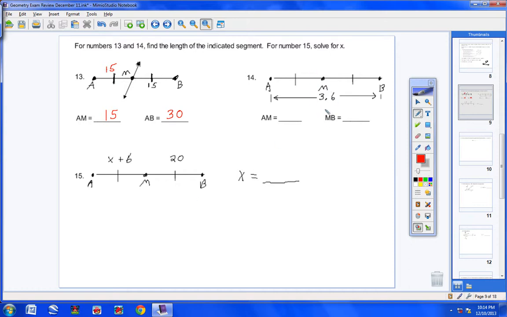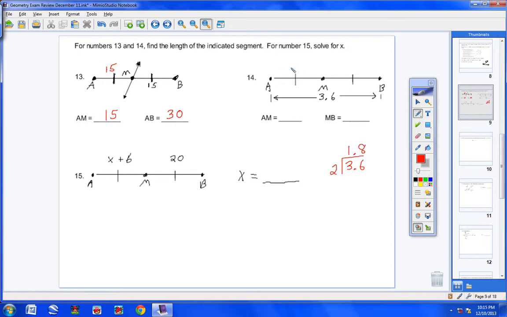Now, be very careful. Notice the entire segment from A all the way to B is 3.6. Also notice this segment here has a slash, so it's congruent to this segment here. It also has a slash, okay? So what I can do is take 3.6, and with my calculator, divide that in half, and I get 1.8.